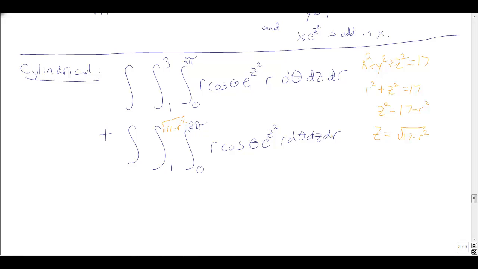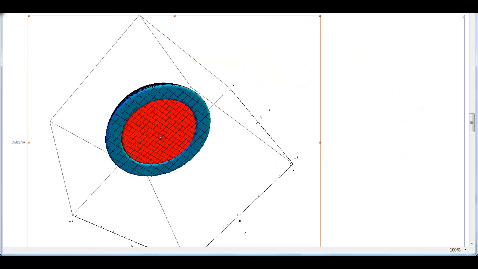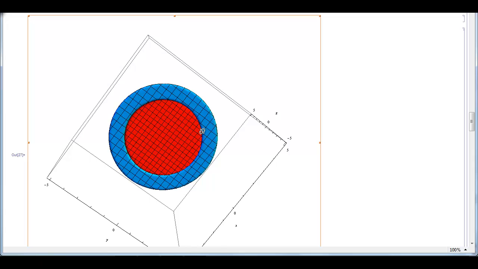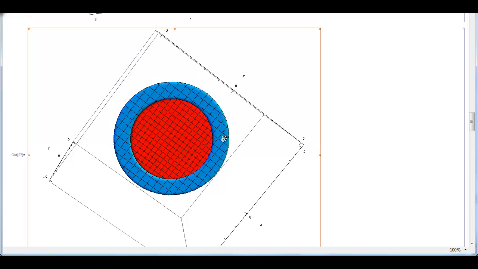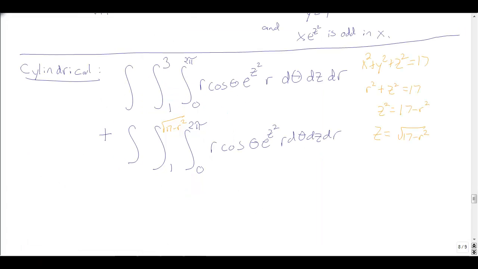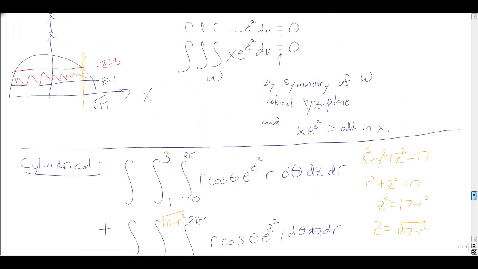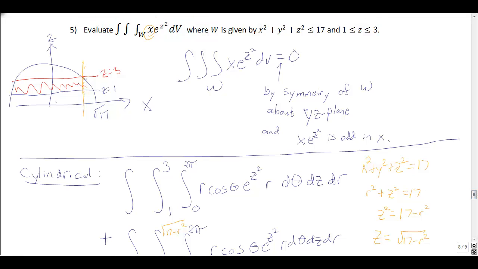Okay, and now the r bounds. The first integral is going to get the r bounds of this red circle, if we rotate this up, and the second integral is going to get this blue ring on the outside. The red circle, in our drawing, is right here.